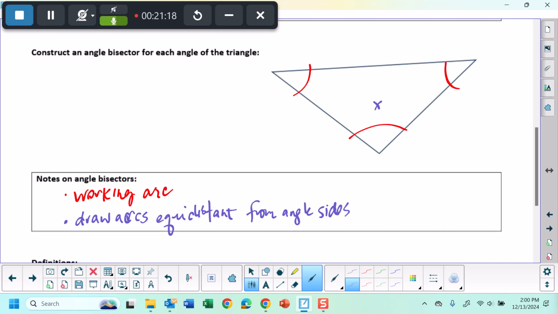So when you have these marks out here, that's what helps you draw that angle bisector.